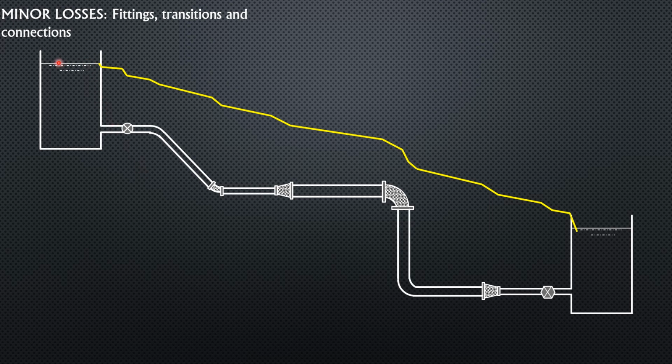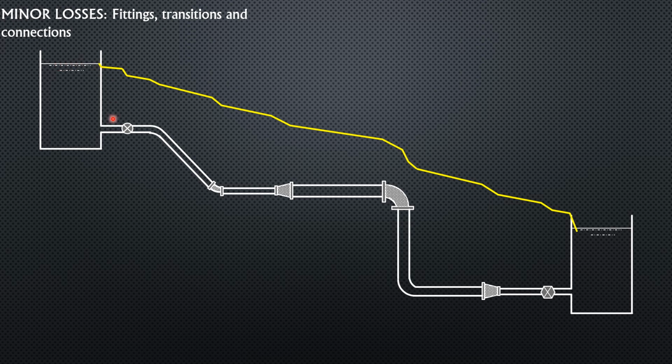So the total energy in the system is simply the difference in liquid surface elevations. And that is also the total head loss if you add all these frictional losses and minor losses. So first, the energy level is at the liquid surface of this higher reservoir.